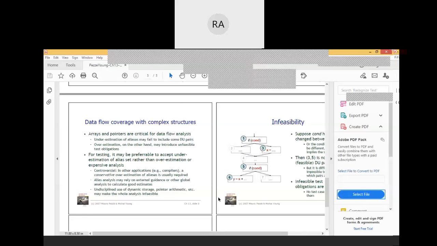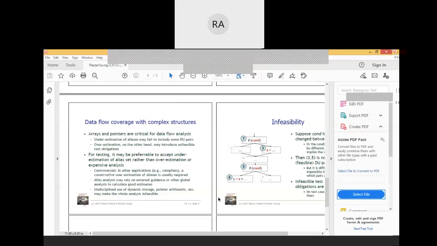You cannot perform it so easily on arrays and pointers because sometimes we are going to have aliases for arrays and pointers and we don't know at which point they are going to form a DU pair. And sometimes it becomes infeasible to test particular scenarios with respect to arrays and pointers, which will give rise to infeasibility, which we'll be looking into at a later stage. That particular concept will be studied in a later step.